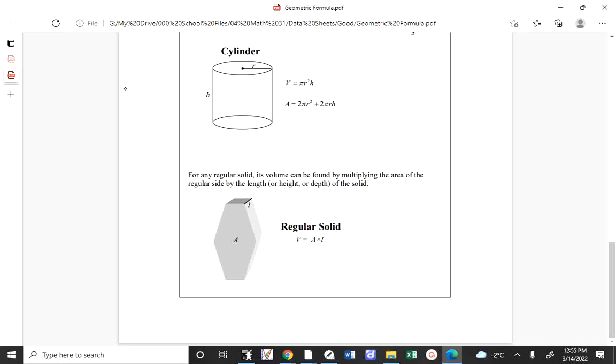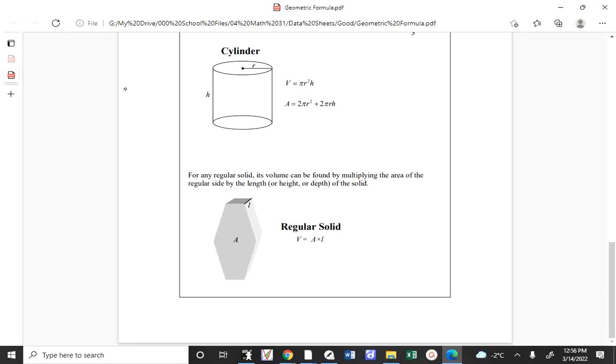So examples of regular solids are things that can be cut, and anywhere along a certain axis they're cut, you get the same shape. So it's not perfect, but a loaf of bread is almost a regular solid. Because when I put that loaf down, if it's unsliced and I start making slices, I understand the shape of the bread changes near the ends, but the shape of each slice is pretty much the same, right?